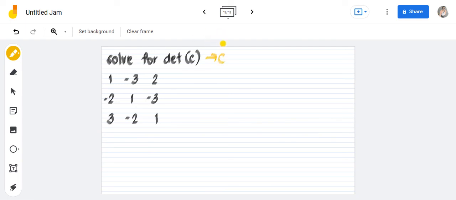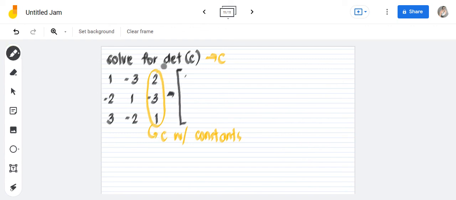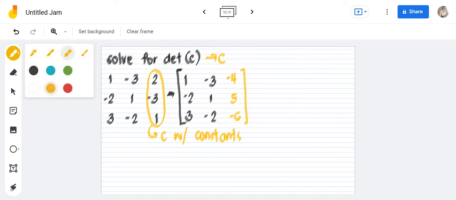And then, lastly, we have C. To solve for C, we substitute the column representing the unknown C with your constants. So we now have a new matrix: 1, negative 2, 3, negative 3, 1, negative 2, and that will become negative 4, 5, negative 6.